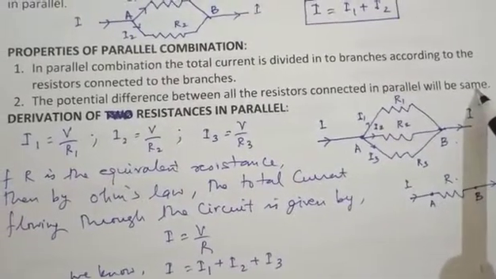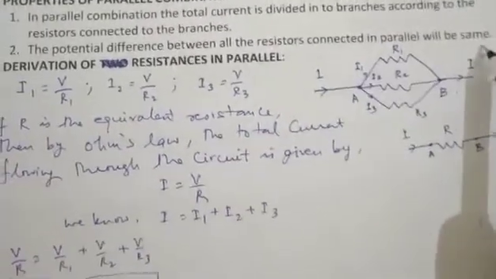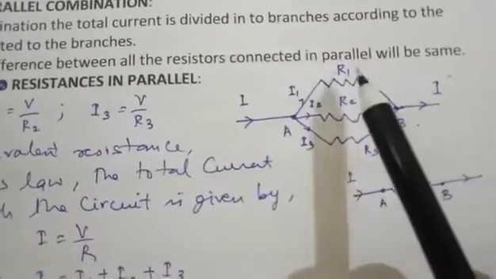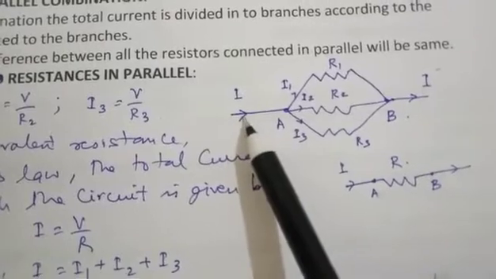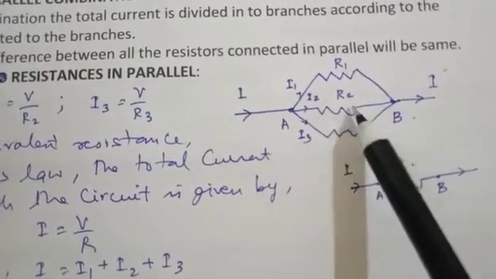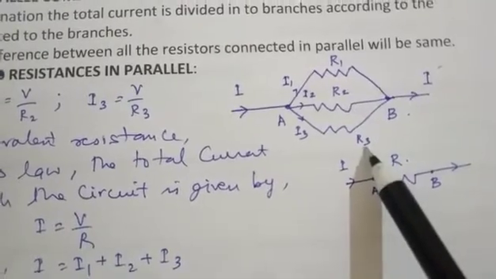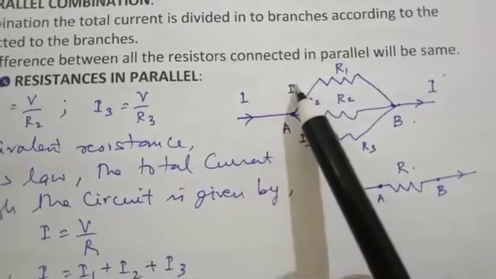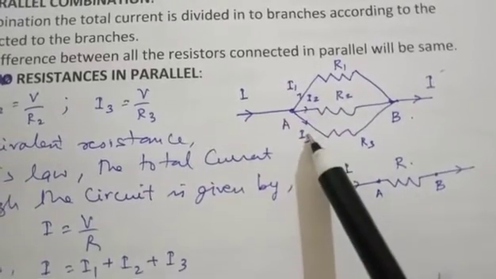Now on the basis of that, we are going to derive the formula of parallel combination. If we look at the diagram here, I is the main current and there are three resistors R1, R2 and R3. The main current has been divided into three branches I1, I2 and I3.